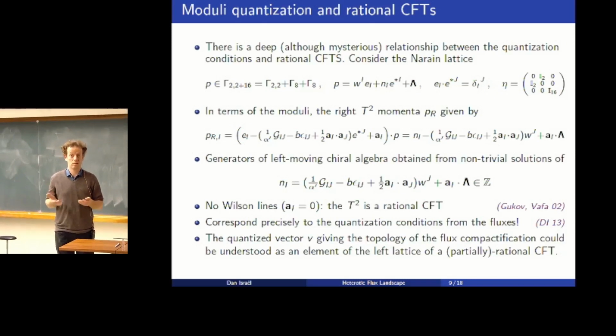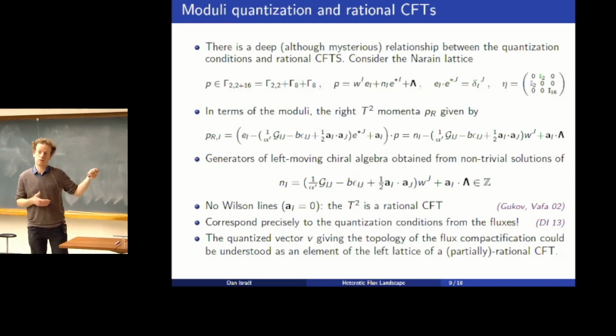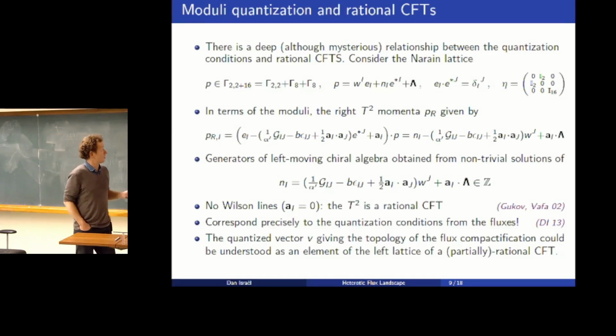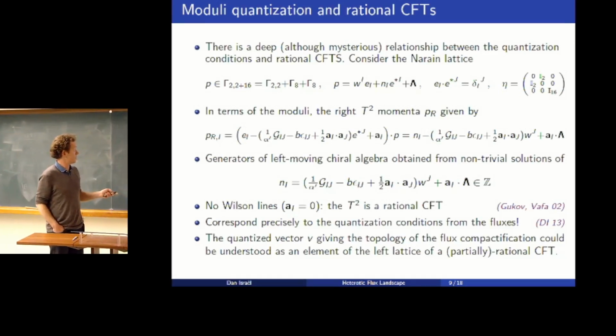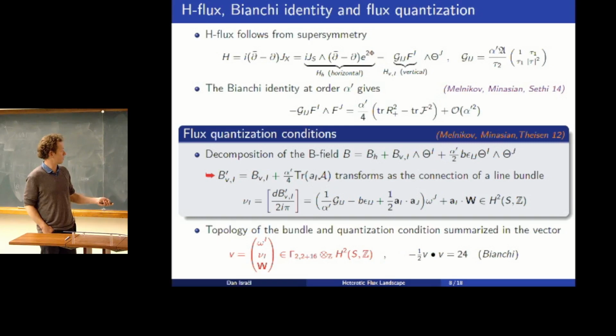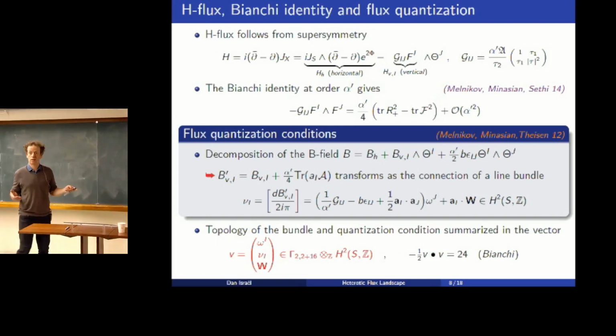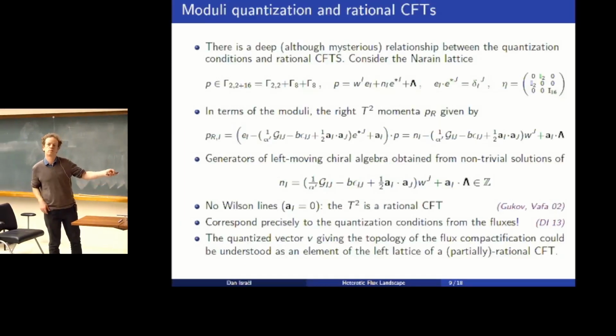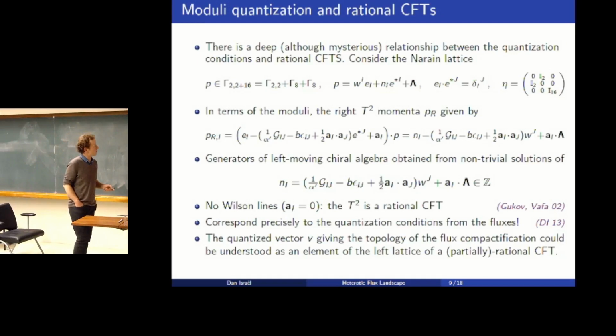Why? There is no obvious reason, because we don't have a worldsheet description that would involve those extended algebras that arise on the worldsheet. Okay, so this is the first point. The second point is that this vector, we should think of it as a vector of the left lattice, which is again non-empty in this case because we have the moduli of a rational CFT.